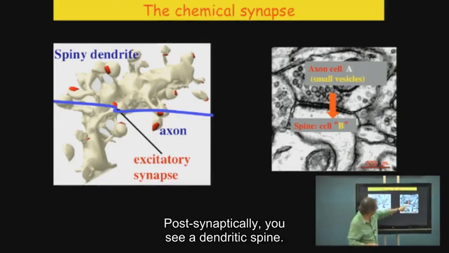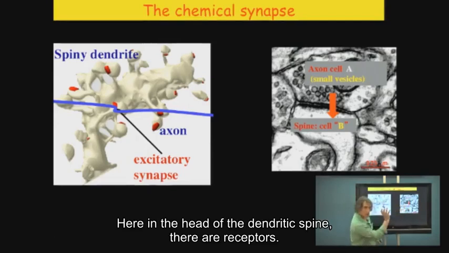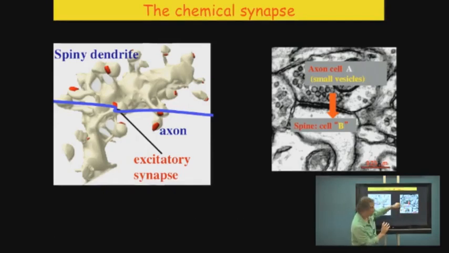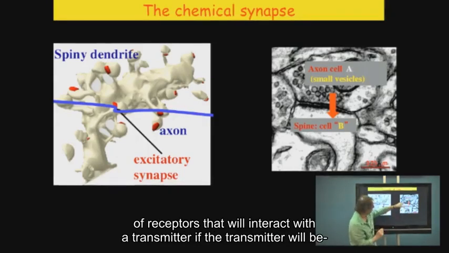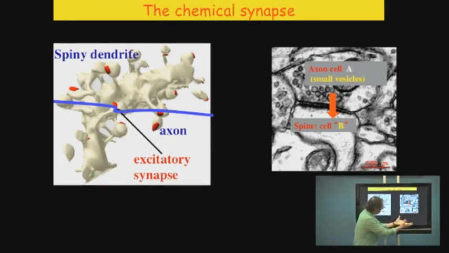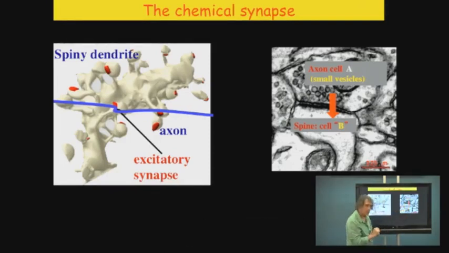Postsynaptically, you see a dendritic spine. Here, in the head of the dendritic spine, there are receptors. The postsynaptic density consists of receptors that will interact with the transmitter if the transmitter is delivered, transmitted through this little gap, the synaptic gap.